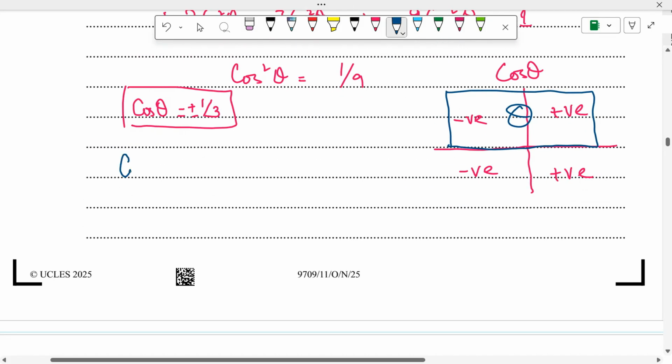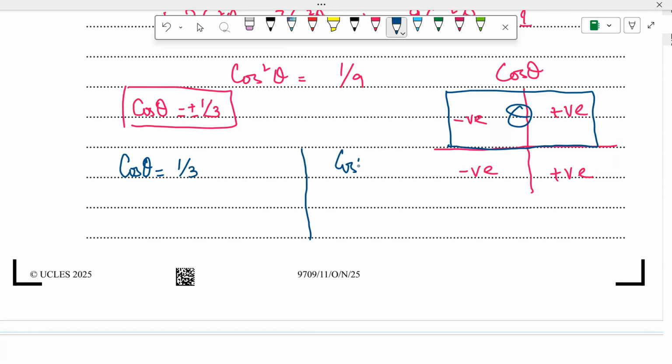So in the first case cos theta is 1 over 3, and in the second case cos theta is negative 1 over 3. In the first case theta is equal to cos inverse of 1 over 3. Using a calculator, cos inverse of 1 over 3 is equal to 70.528, so theta is 70.528.